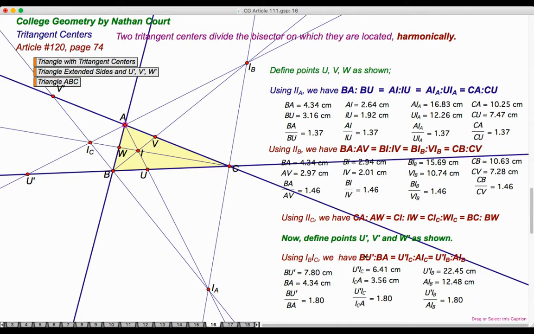Here it is. I'm going to use now I sub B and I sub C, and it's collinear with this one.